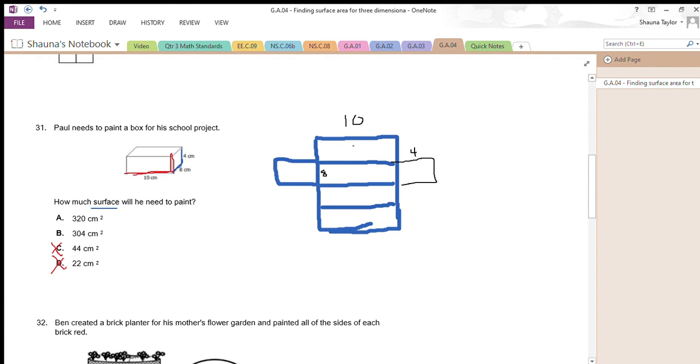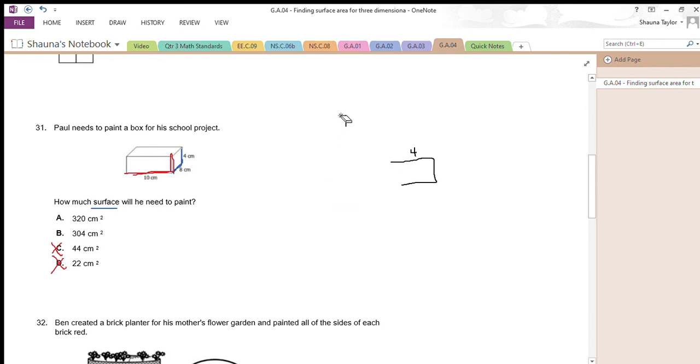So 10 times 8 is 80. I did get that. 80, 80, 80, 80. I see it now. So I'm going to have to erase everything. Let me try this again. I see the problem. Okay, so I'm going to redraw it.